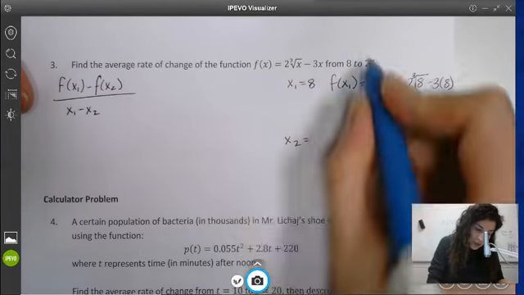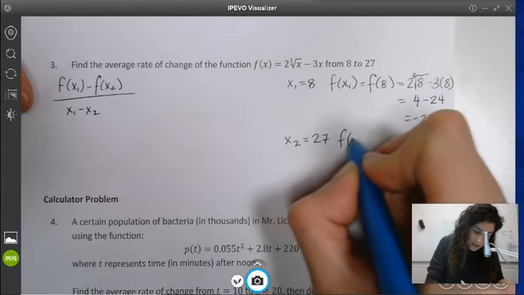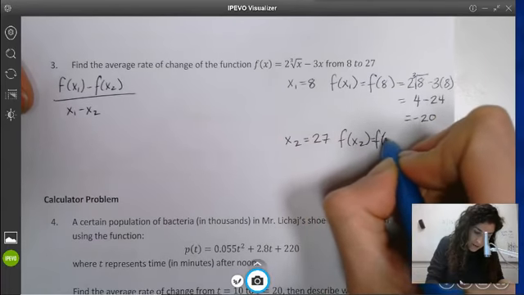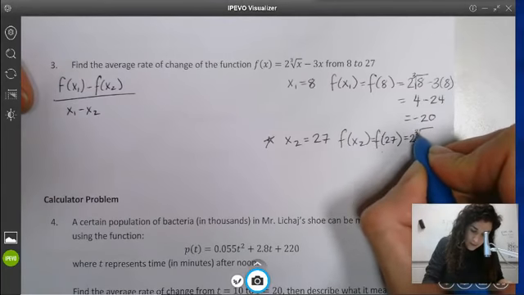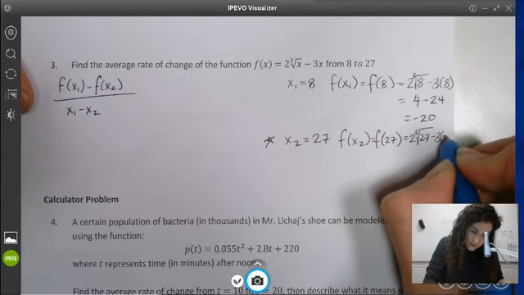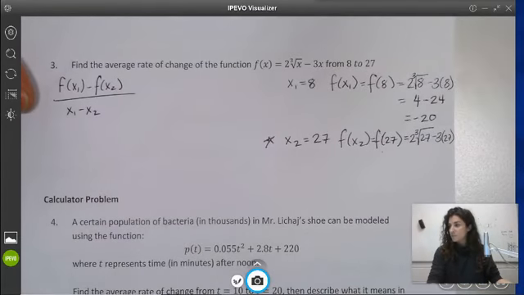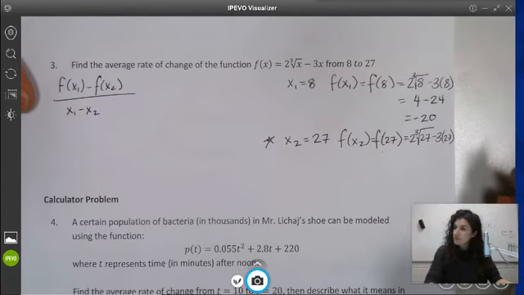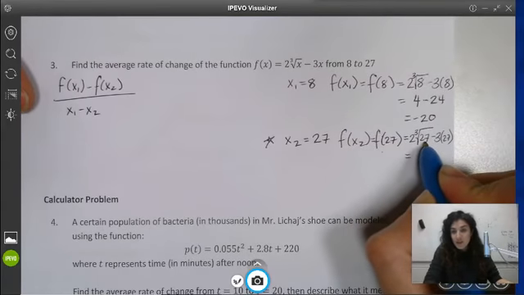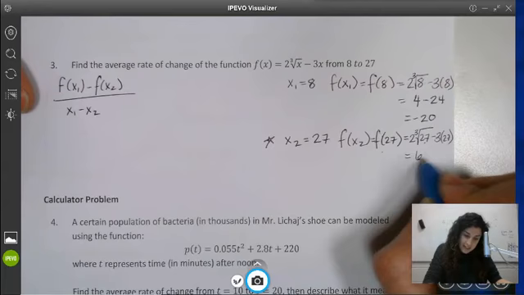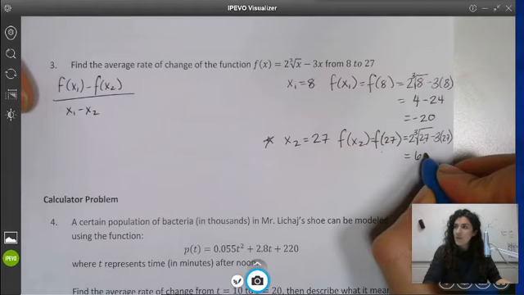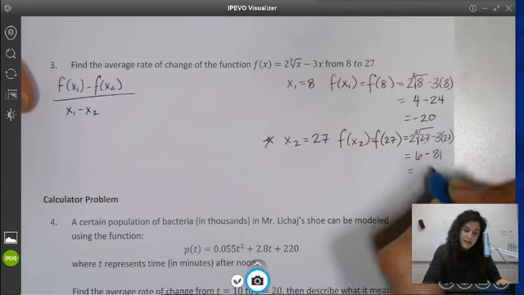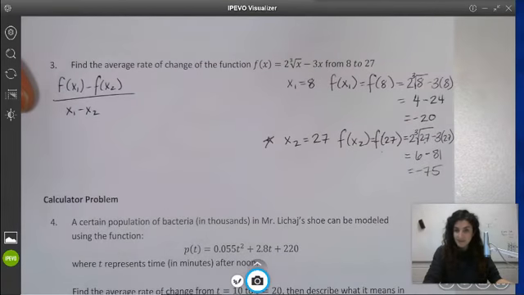Go ahead and tell me when x sub 2 equals 27, what is f of 27? The cubed root of 27 is 3. 3 times 2 is 6. 27 times 3 is 60 plus 21, so minus 81. 6 minus 81 is negative 75.